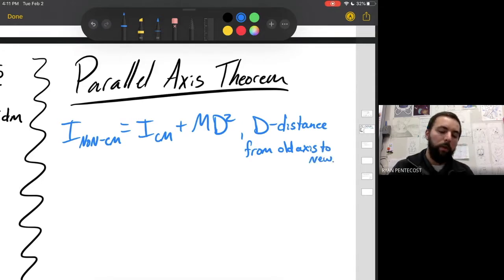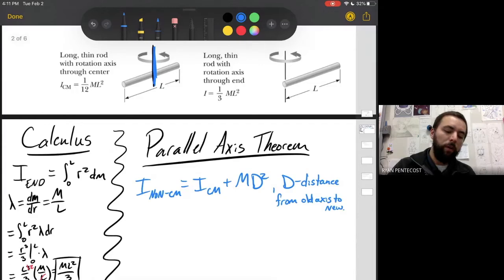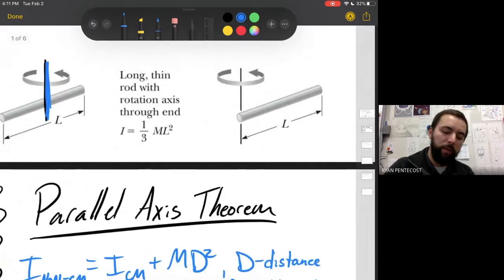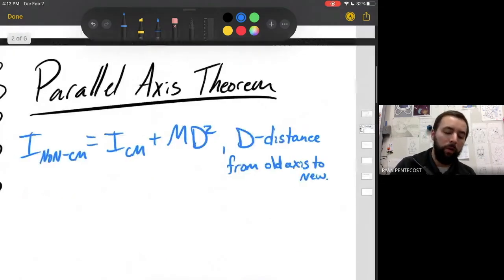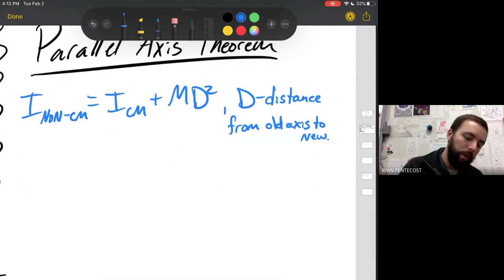Okay. So if we look here, if we have the center of mass right here, the distance from there to there is L/2, right? So that would be the distance in our parallel axis theorem for this scenario. So we will say that we've got ml squared over 12, right?